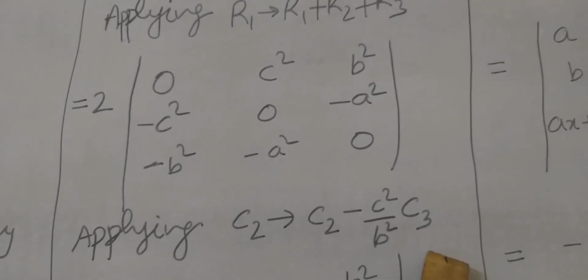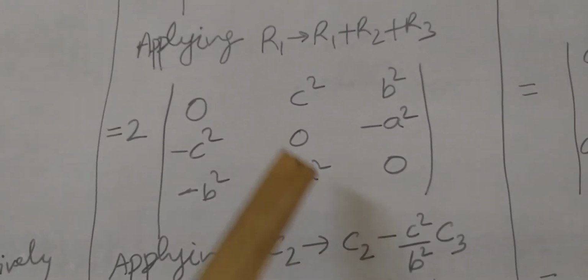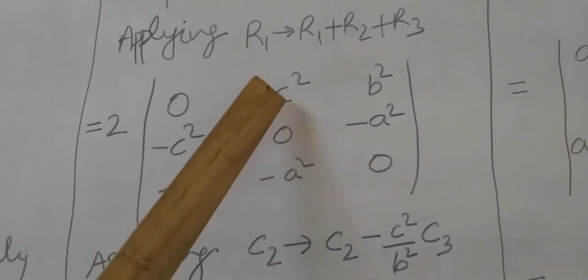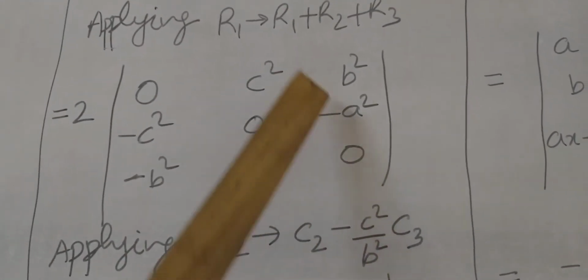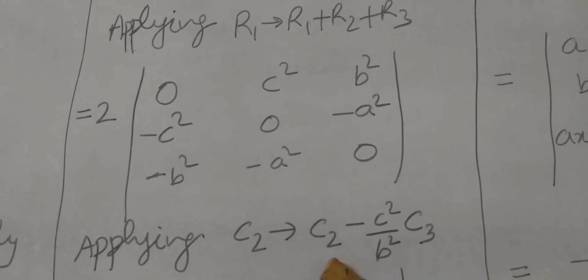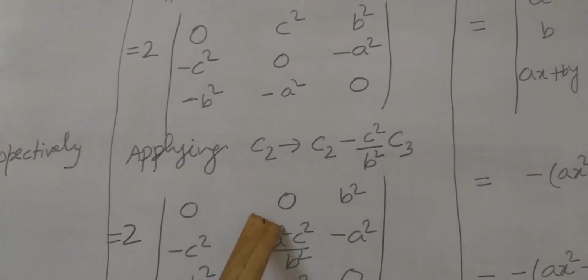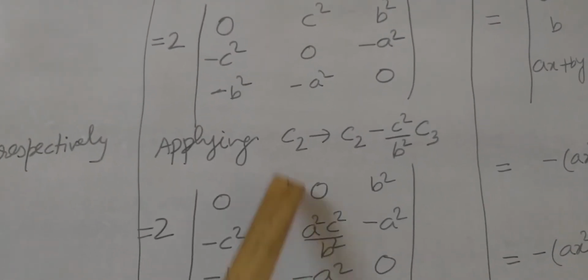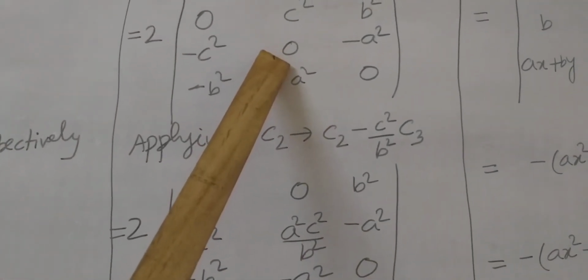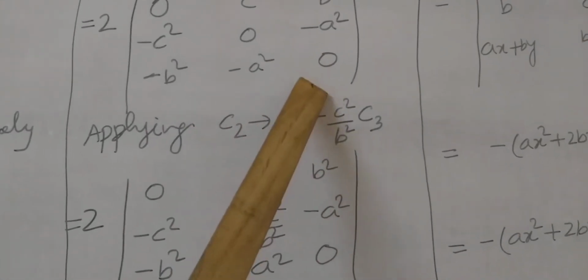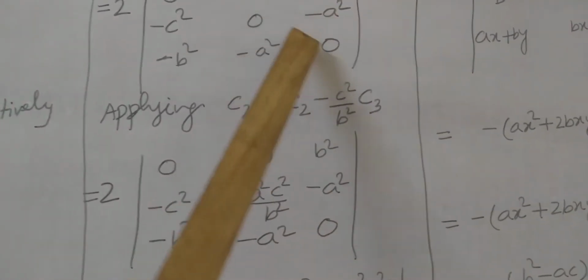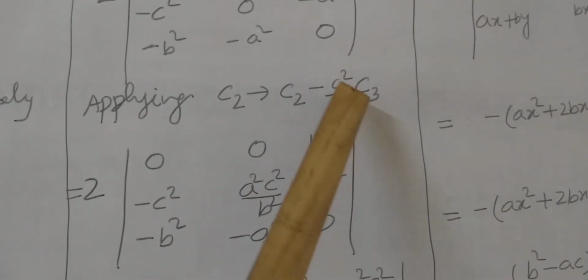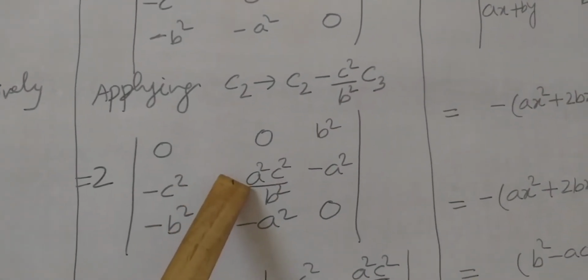When you use this property, students, we get here 0, C square minus C square upon B square into B square. So B square cancels. C square minus C square is 0. Correct? Then 0 minus C square upon B square into minus A square, so minus plus A square C square upon B square.